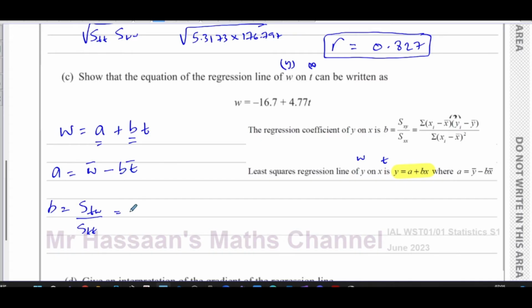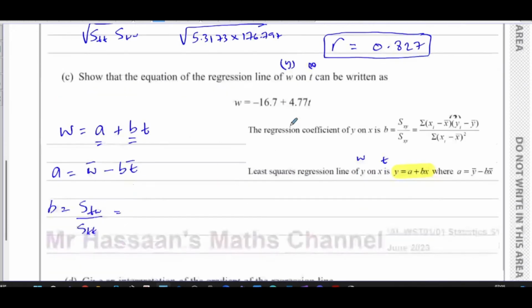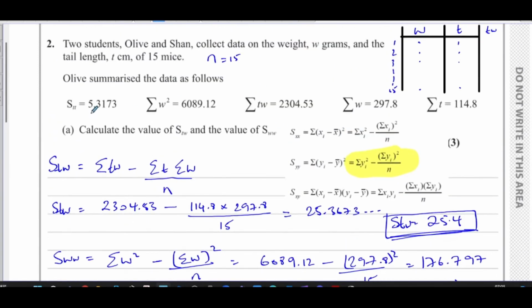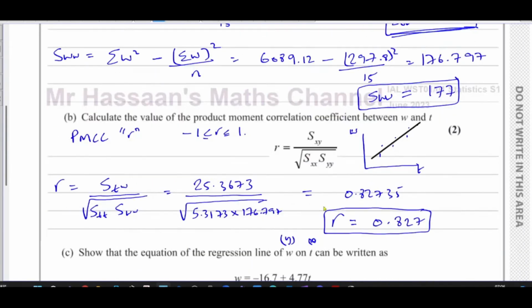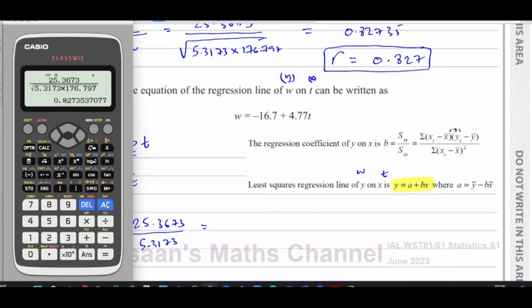STW we already found, 25.3673. So 25.3673 over STT, which they gave us already, 5.3173. That's going to give you the value of B. I'm going to put this in the calculator.